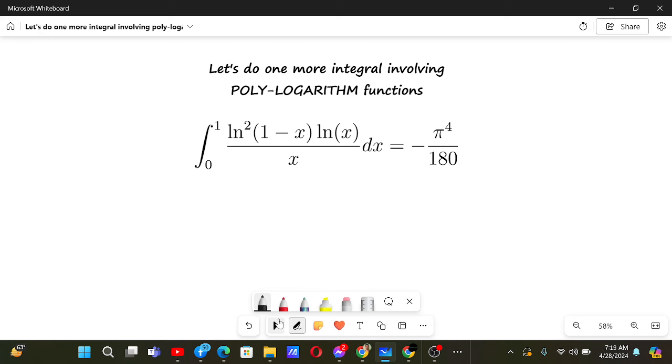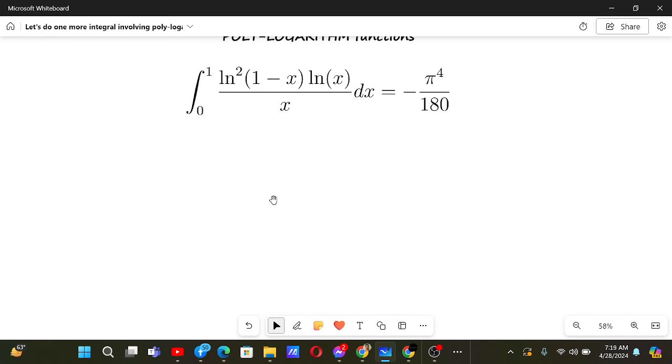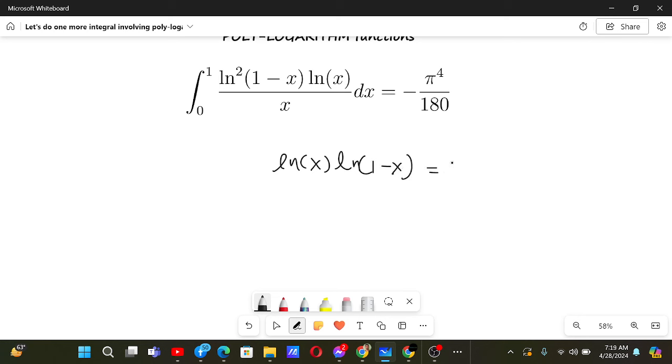If you look into the expressions and try to replace them by alternative expressions, one of the ways can be, let's say, ln of x ln of 1 minus x. This expression can be replaced using the reflection formula.